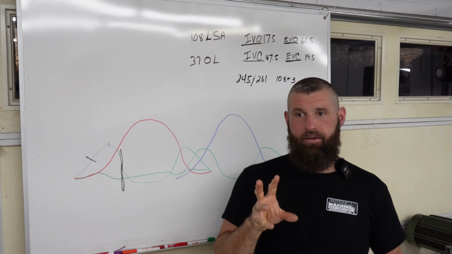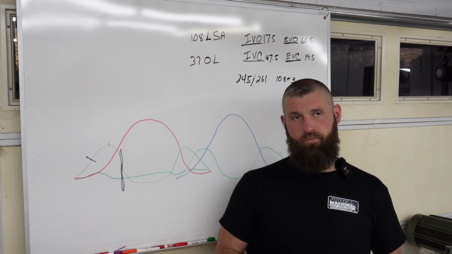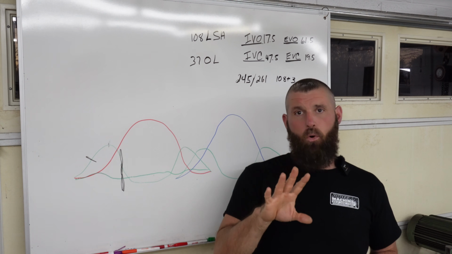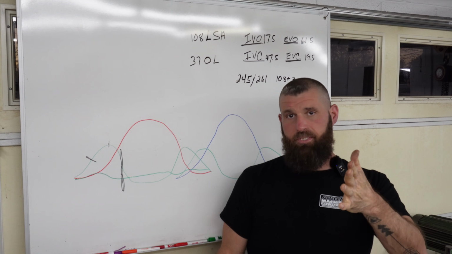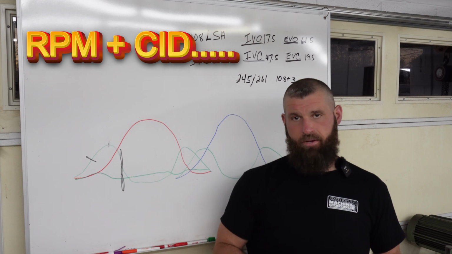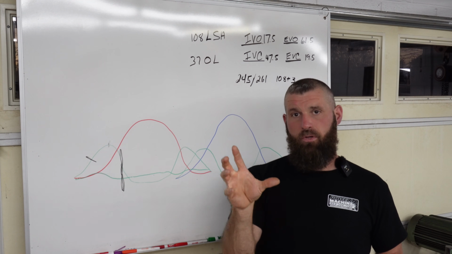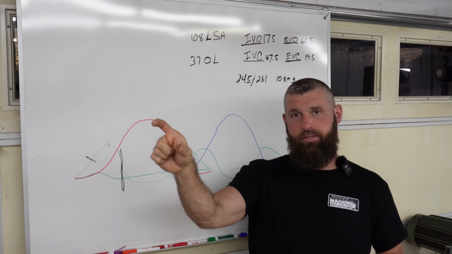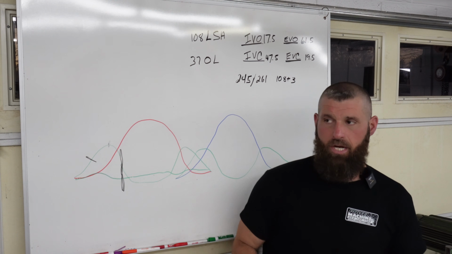The camshaft is the switch that turns the cylinder head on and off. So the formula goes like this: inches plus demand equals we need X amount of flow. If we have less than X amount of flow, then we need to add duration because we need to keep the valve open longer to do the job.